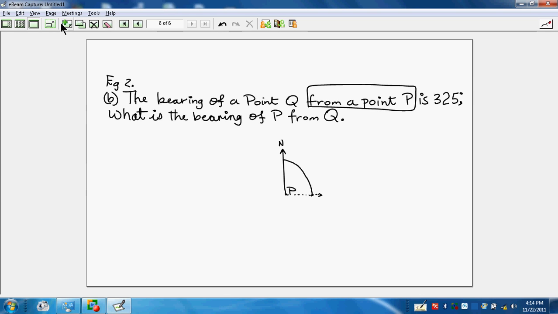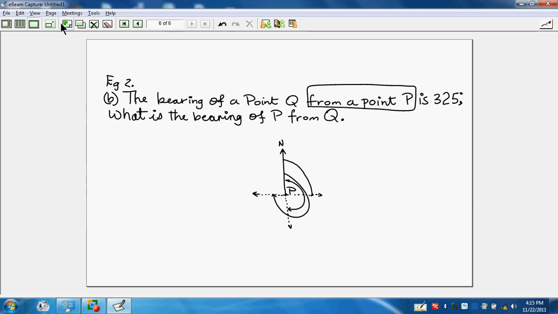Let's continue. If I had gone down to this point here, that would have been 180 degrees. But it didn't say 180. If I had continued going even further, to this point here, that would have been 270 degrees because I'll have gone all this distance here.